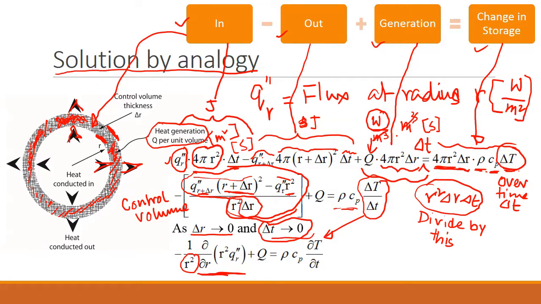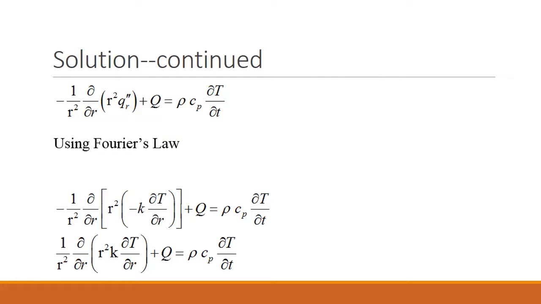So this equation now has no knowledge of Fourier's law. We just did an energy balance, that's all. We still have this flux sitting out here that we have to do something about. So we're nearing the end. We simply have to plug in for this q_r in the r direction.